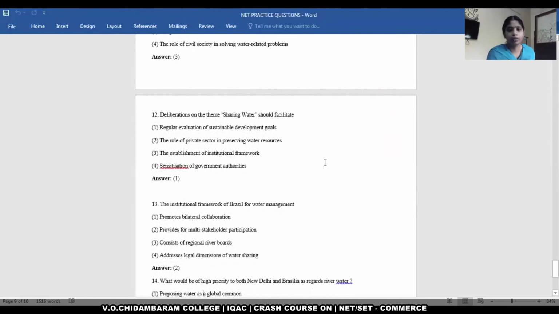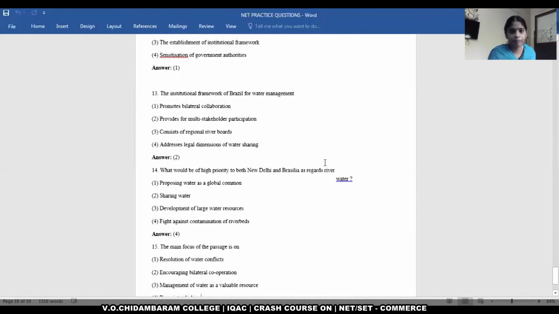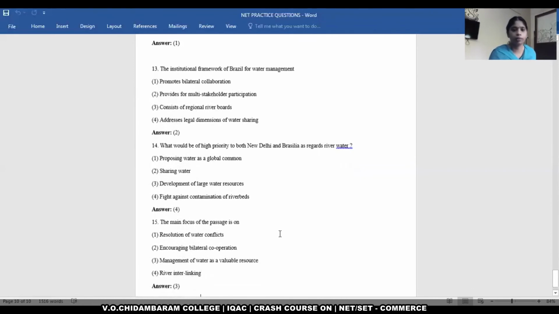So now look at the options. Which option suits best? Proposing water as a global common, sharing water, development of large water resources, fight against contamination of riverbeds. Yes, of course. The fourth one is the right option. So the fourth option is the answer.